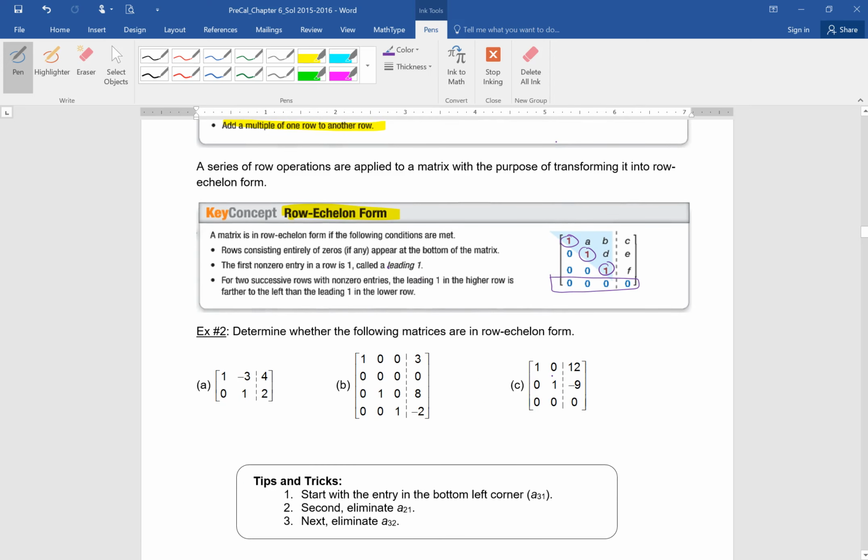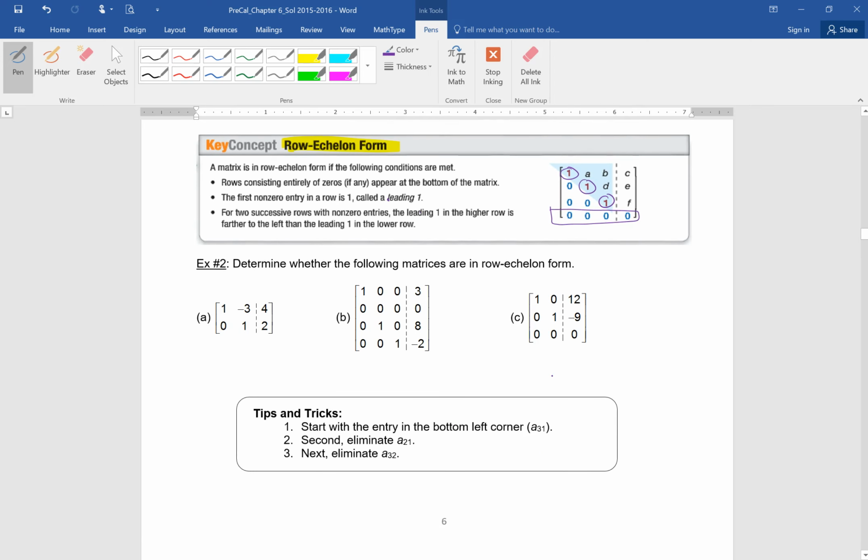Look at these and let's see if any of them are in row echelon form. Is A in row echelon form? Well, my leading coefficients are 1s, and if I look at that main diagonal, everything underneath is 0. So yes. You don't have to have a row of zeros, but if you do, it has to be in the last row.